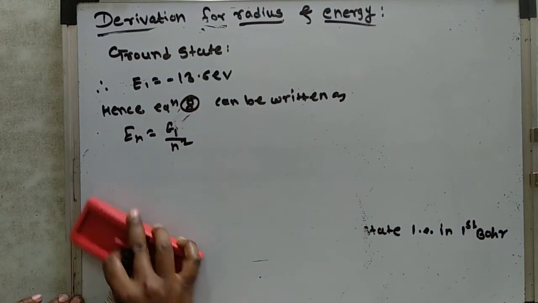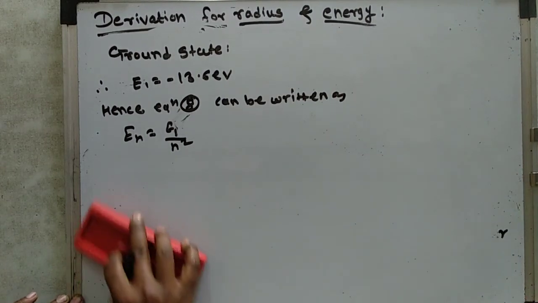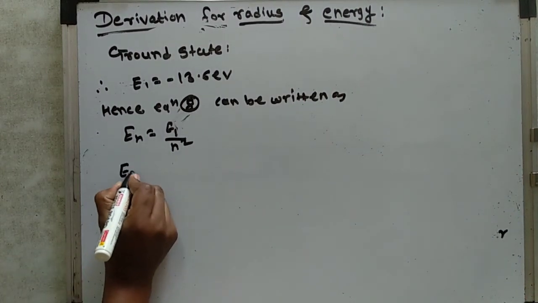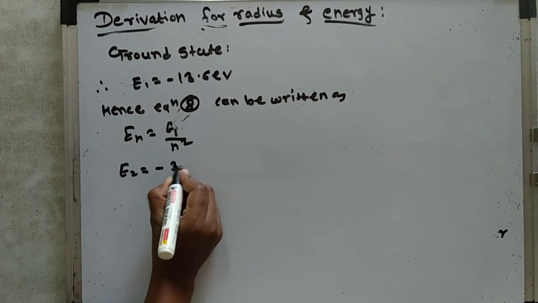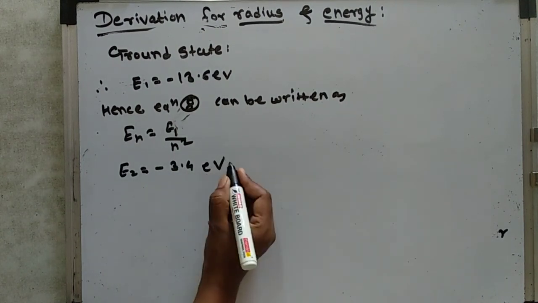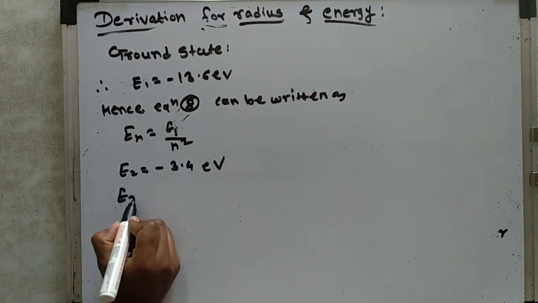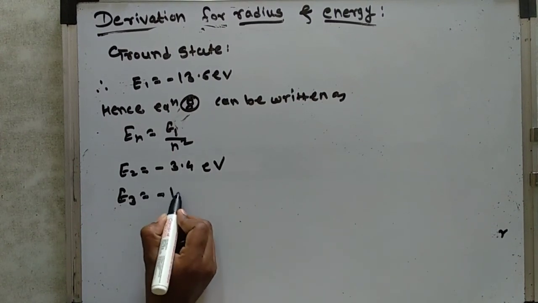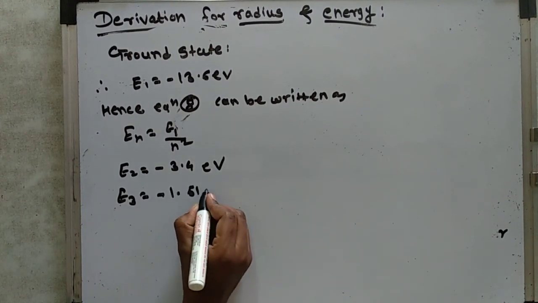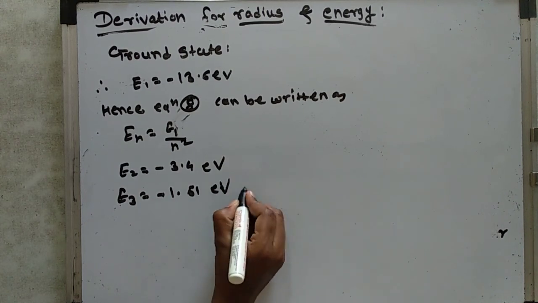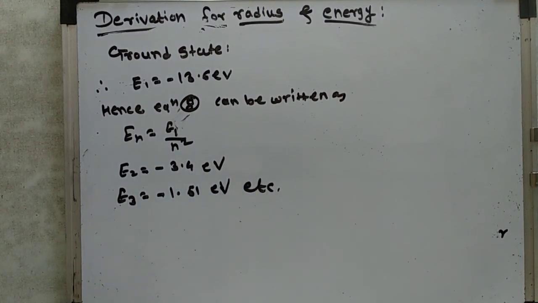This gives E2 is equal to minus 3.4 electron volt and E3 is equal to minus 1.51 electron volt, etc. The energy of the electron goes on increasing, that is, becomes less negative, as it goes away from the nucleus. Thank you.